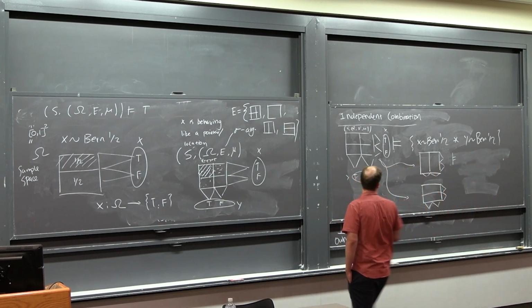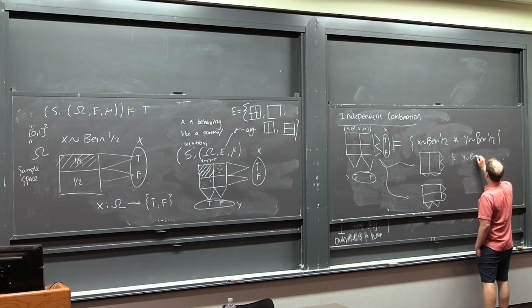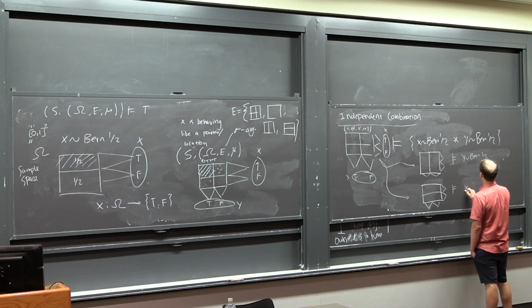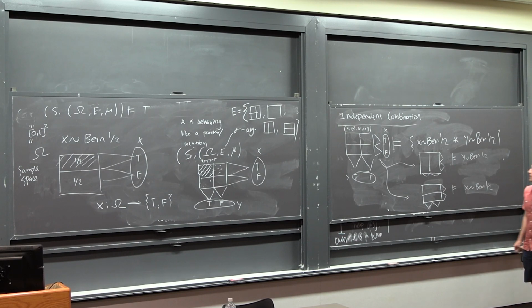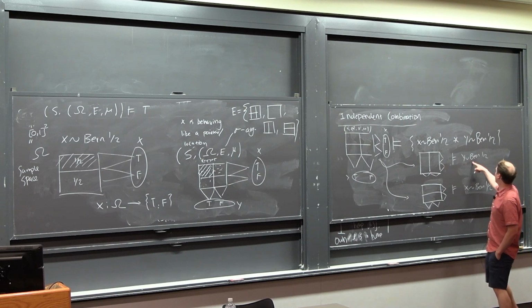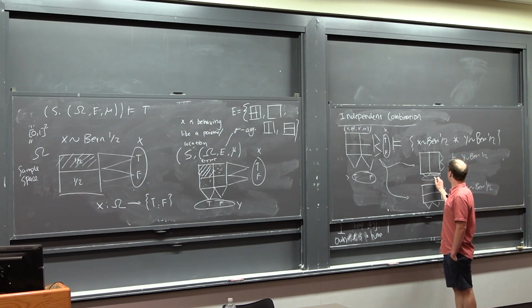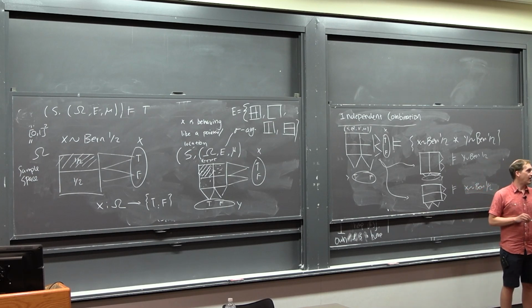Yeah, so the bottom one was y. So this one's going to satisfy y gets Bernoulli 1/2, and this one's going to satisfy x gets Bernoulli 1/2. Okay. Well, how do we know this one satisfies y gets Bernoulli 1/2? Well, we look at y, and we look at its pre-images, and we see that they each have probability 1/2.